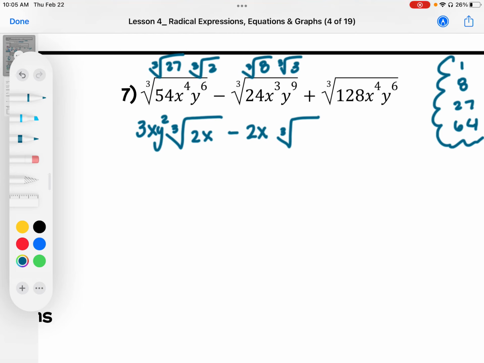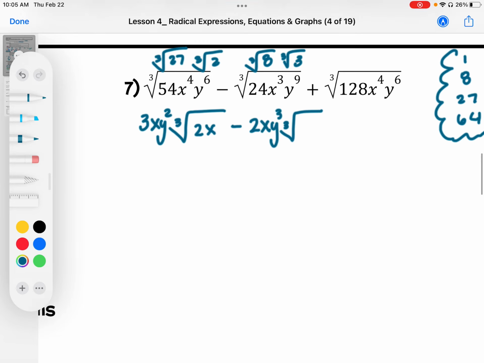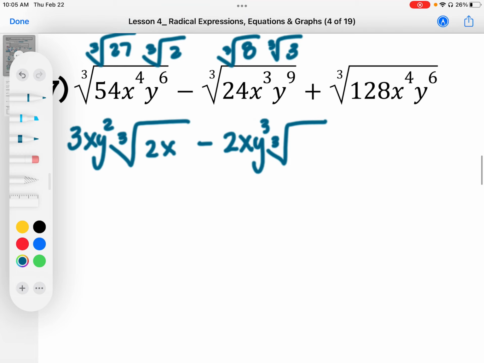How many times does 3 go into 9? 3 times. So we're going to have y cubed on the outside. And we would have none left on the inside since 3 fits evenly into both of those numbers. So on the inside, all we're going to have is this cube root of 3.